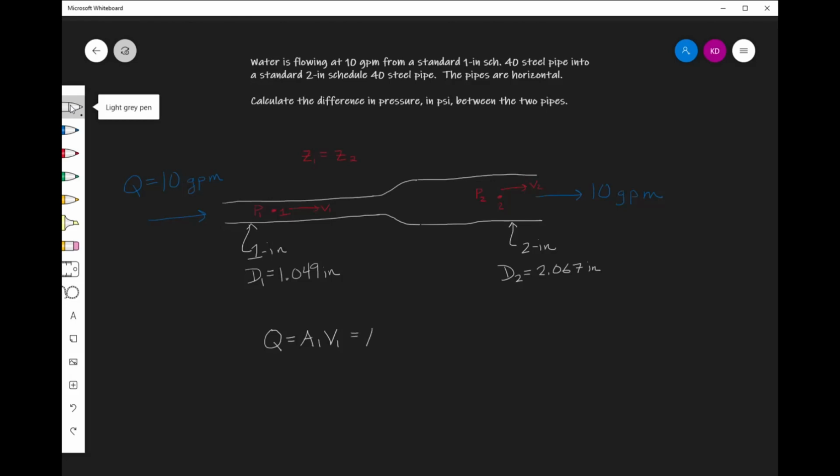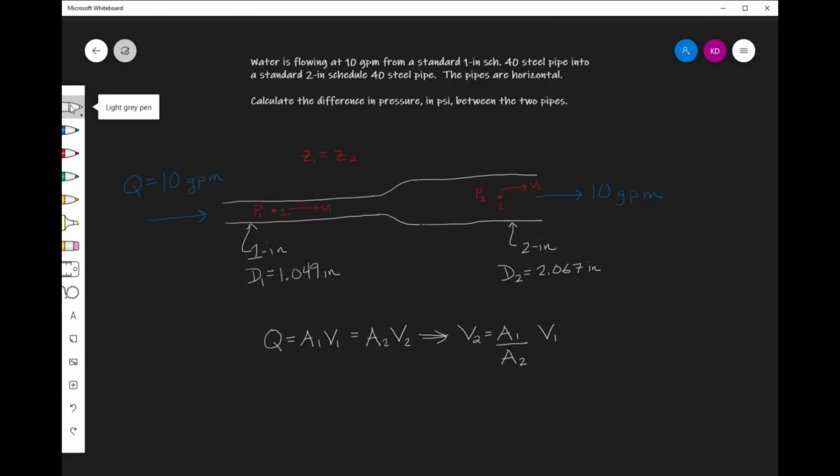This has to equal the cross-sectional area of the second pipe, A2, times the velocity of flow, V2, in the second pipe. I can now rearrange this expression and solve for V2. When I solve for V2, I find that V2 equals the ratio of A1 over A2 times V1.